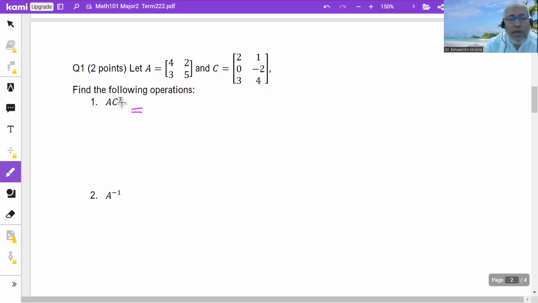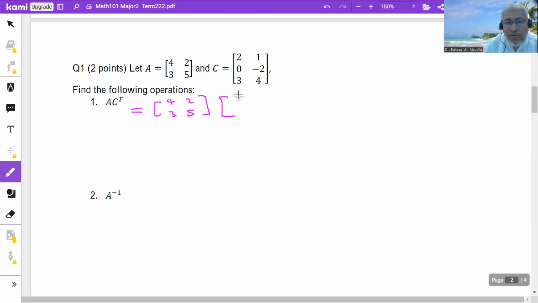So A is 4, 3, 2, 5. We need to multiply A by the transpose of C. Well, for the transpose of C, we write the rows as columns. Let us write each row of C as a column.